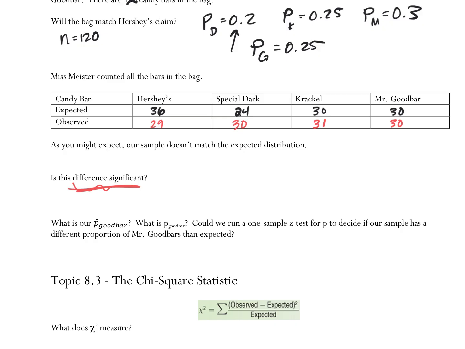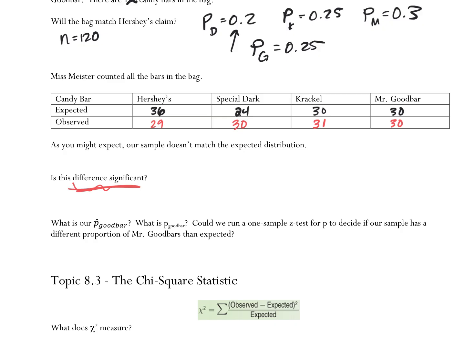Because I look at this one, well, that one actually does match what we would expect. This one doesn't match, but is that significant? I'm not thinking that's a significant deviation from what we expected to happen, right? But these two are starting to feel a little far away.